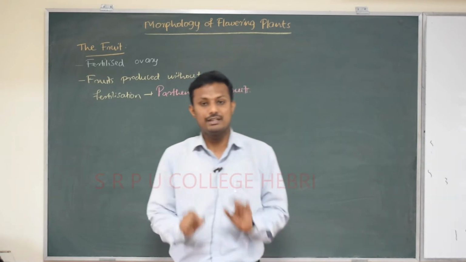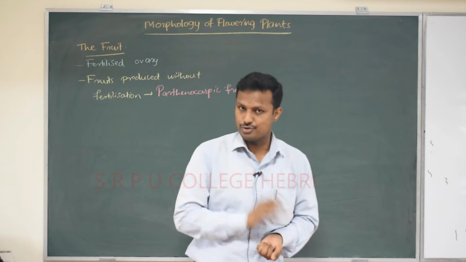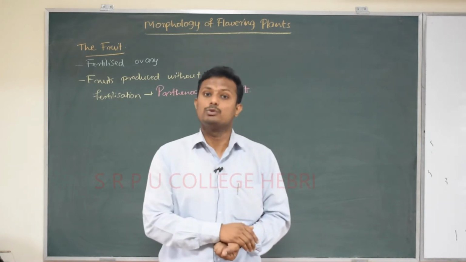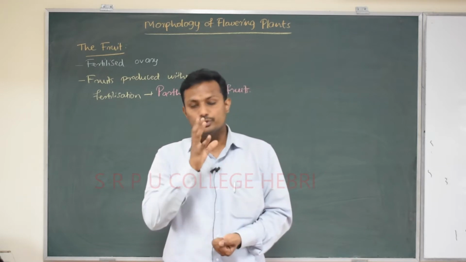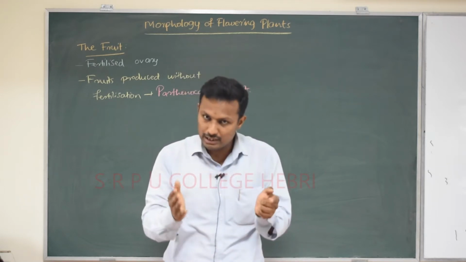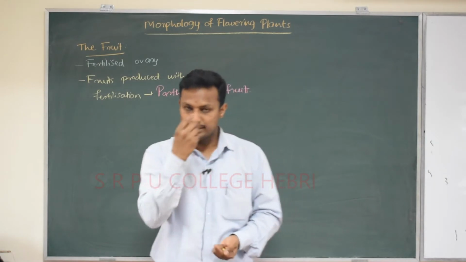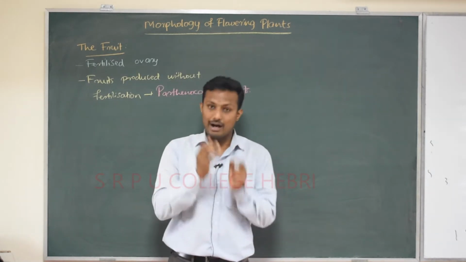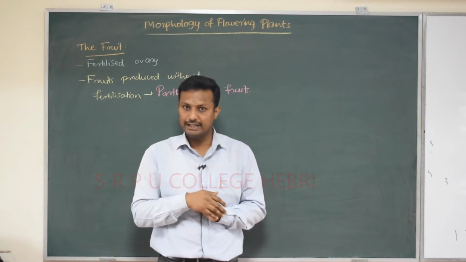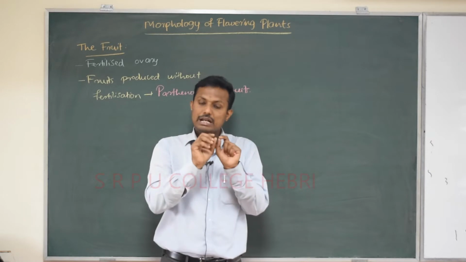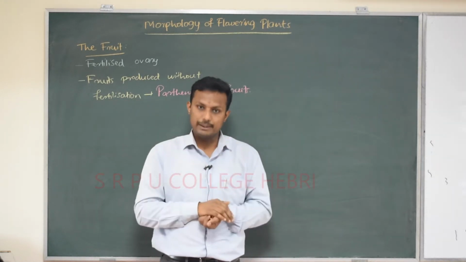In this technique, there are certain hormones, the plant hormones you are going to study in a later chapter. Those hormones are naturally released after the event of fertilization. When the male and female gametes fuse within the ovule, within the female gametophyte, certain hormones are released in the ovary.